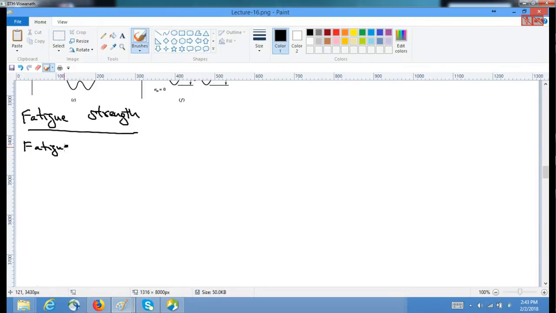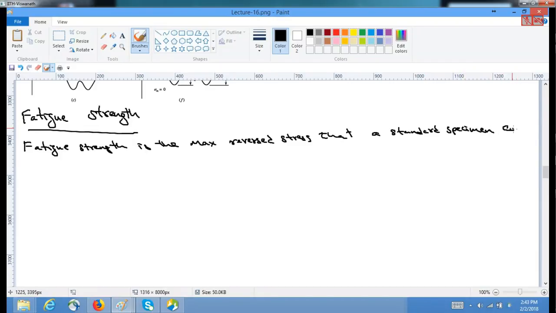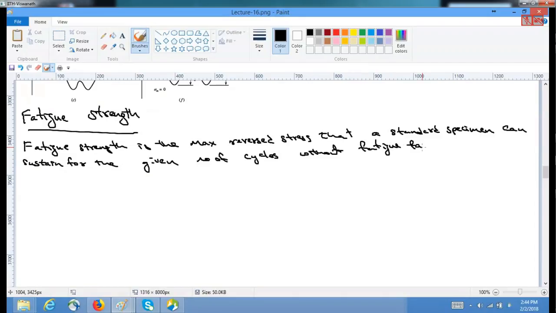So fatigue strength is the maximum reversed stress that a standard specimen can sustain for a given number of cycles without fatigue.